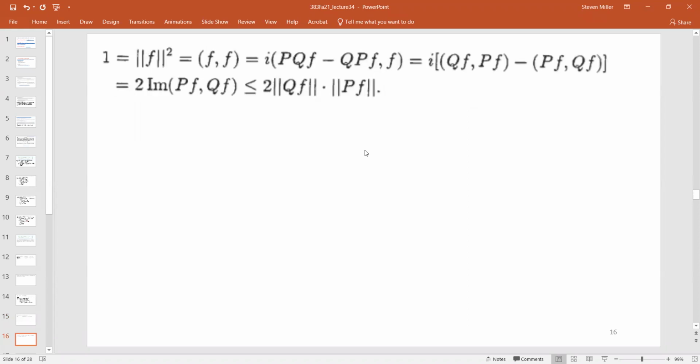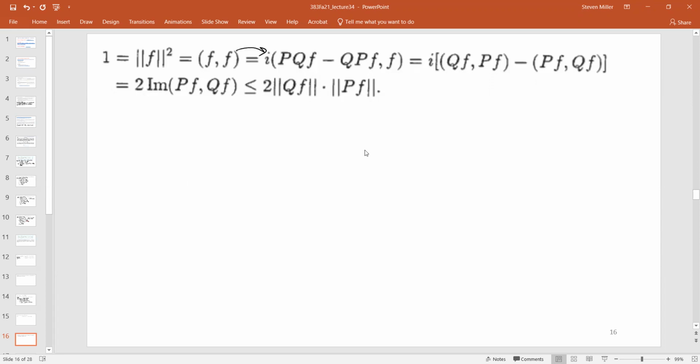And so it's just chasing through a bunch of inequalities. So we start off with 1 equal to the magnitude of f squared. And then we see that this is the same as i times PQf minus QPf. So why is that the case?